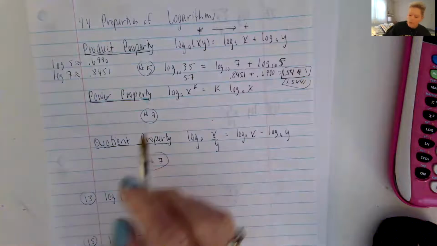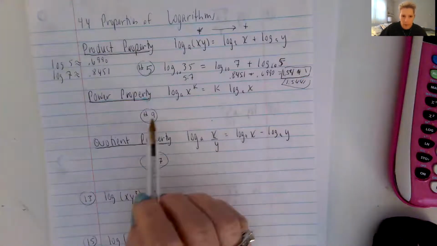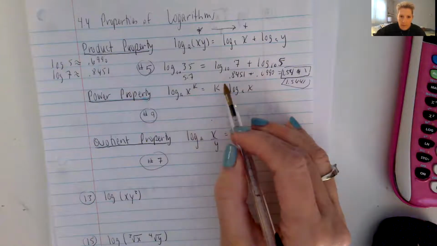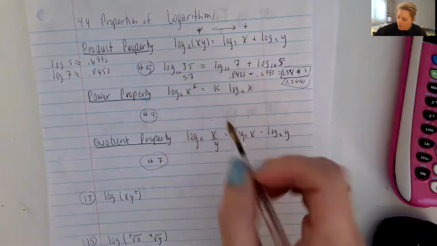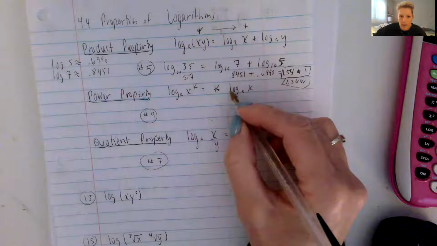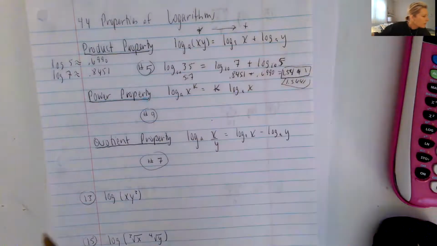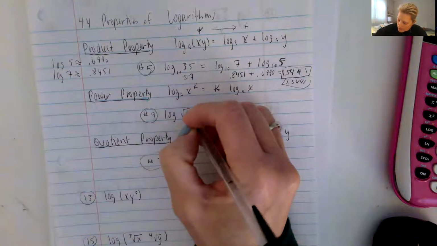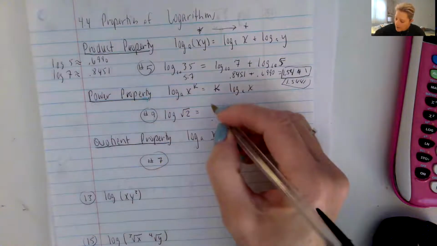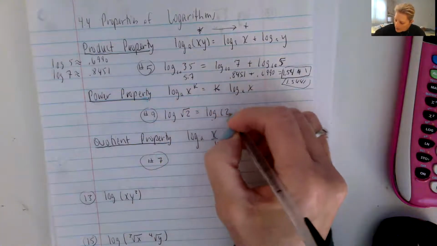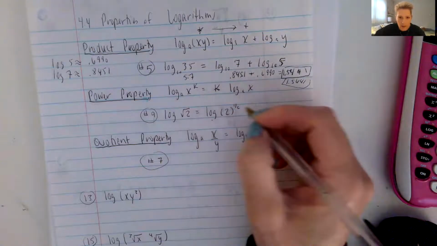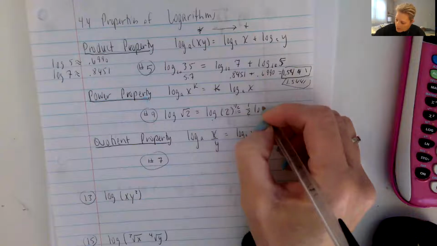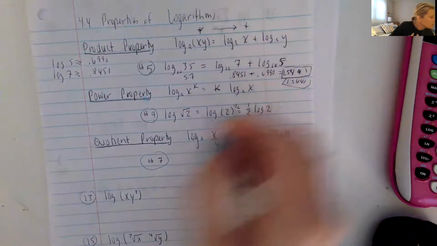Then we're going to do the same thing for the power property. The power property says that if you have log base a of x to a power k, we can bring that power k out in front and multiply it by the log base a of x. So number 9 says the log of the square root of 2, and we can write that as the log of 2 to the rational exponent of 1/2. So this is really 1/2 times the log of 2.